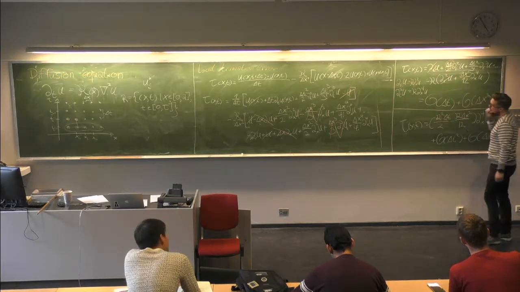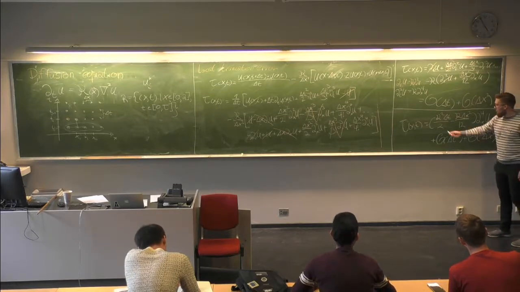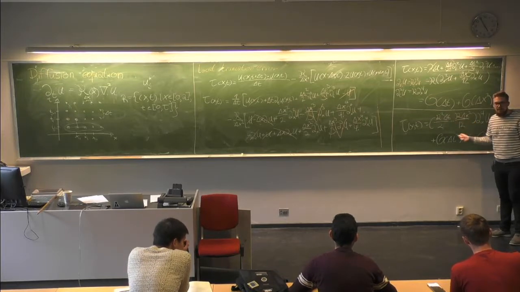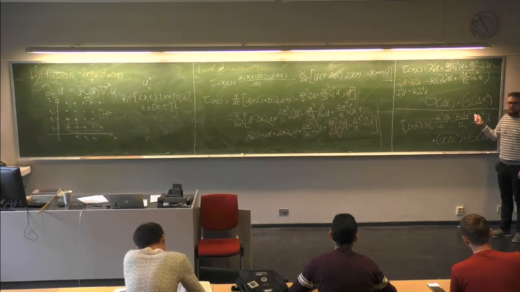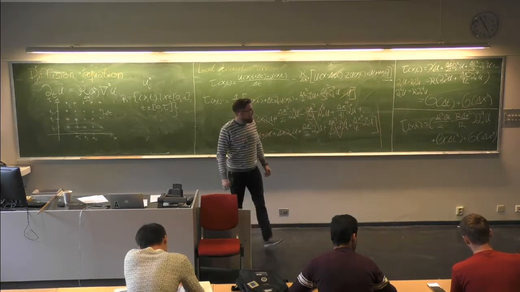Or if you just differentiate more. So then you see if you can actually pick the delta t and delta x such that this term here is 0, you get an increased accuracy, or decreased error.